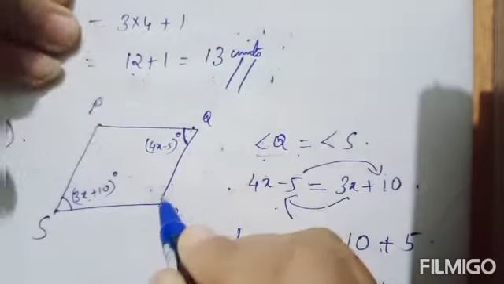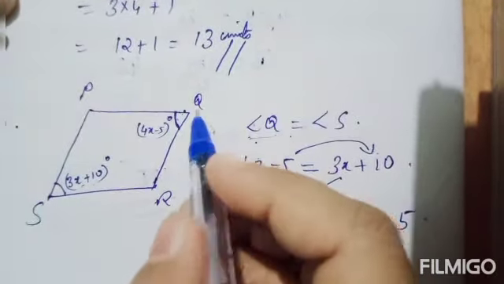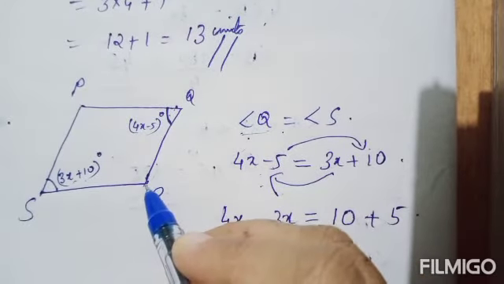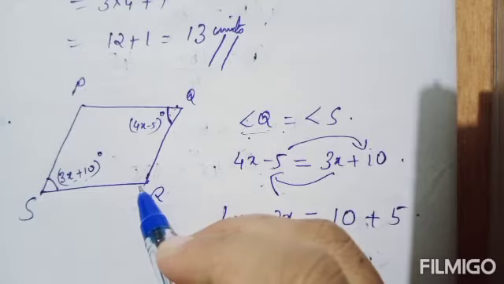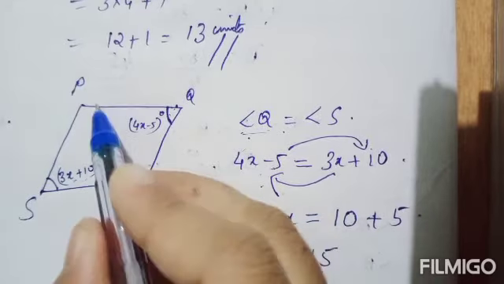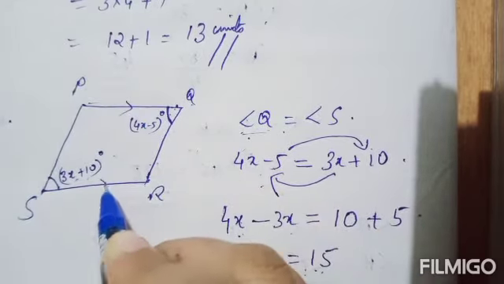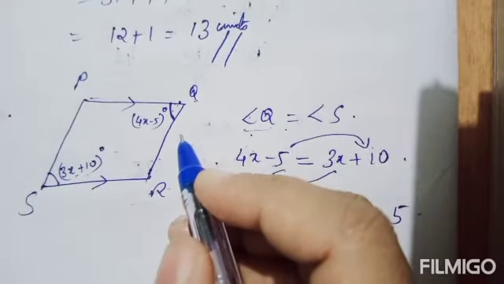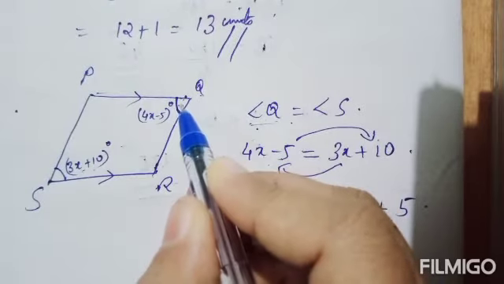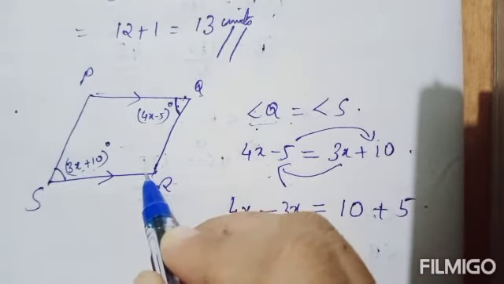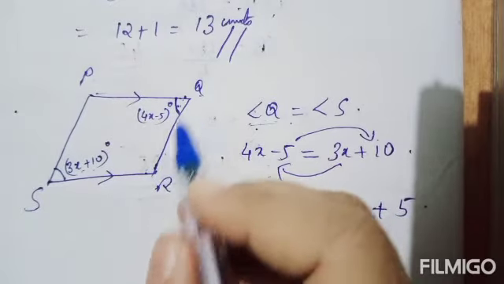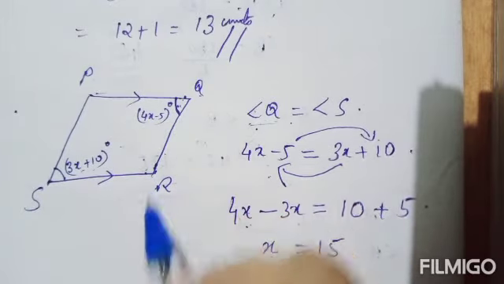Now how can you find angle R? We know that angle Q and angle R are co-interior angles. Here PQ is parallel to SR and QR is the transversal. So angle Q and angle R form co-interior angles, and the sum of co-interior angles is 180 degree.